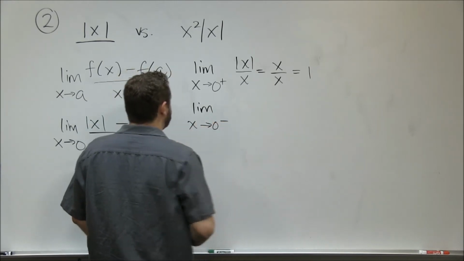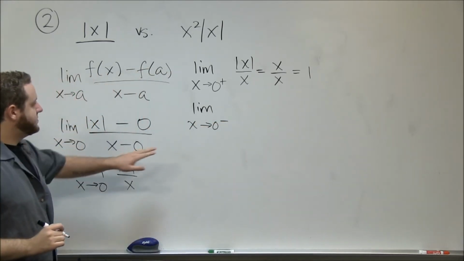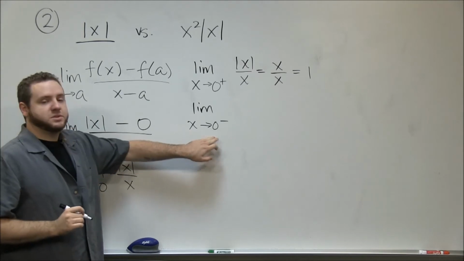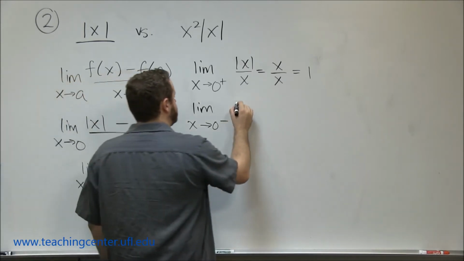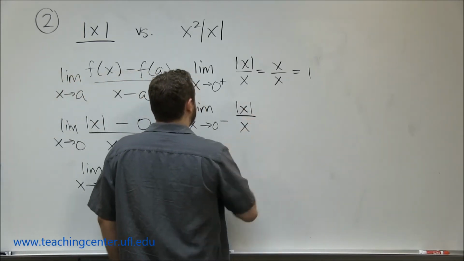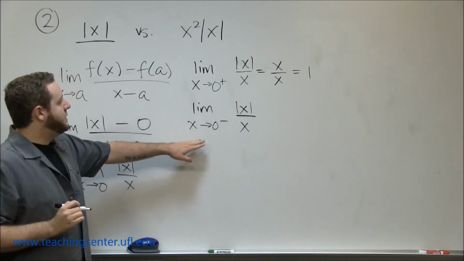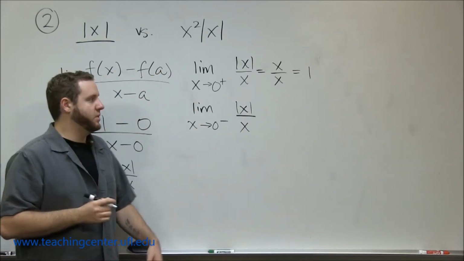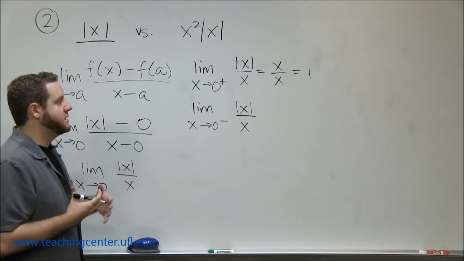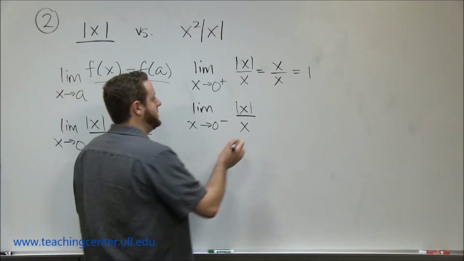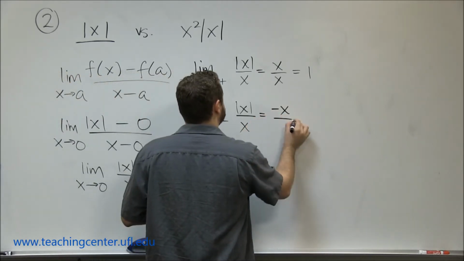And similarly, if we did the limit as x approaches 0 from the left of the same function, now we know we're only choosing negative numbers for x. If we're only choosing negative numbers for x, absolute value of x can just be rewritten as minus x.